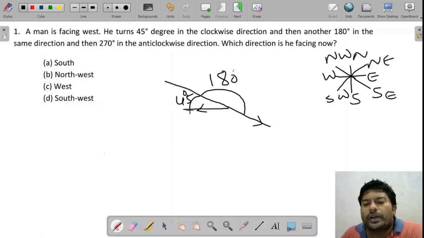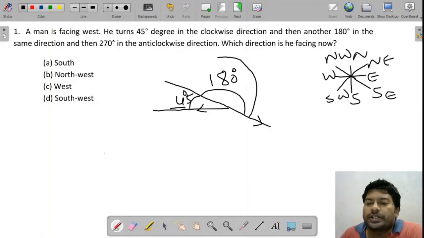First in clockwise he has moved 45 degree. Now he has moved 180 degree clockwise direction, and then 270 degree in the anti-clockwise direction. Now from here he takes 270 degree in anti-clockwise direction. We will try to draw 270 degree here. From here he moves anti-clockwise.